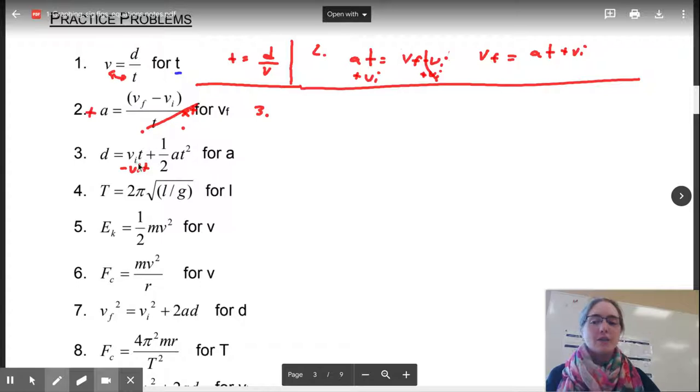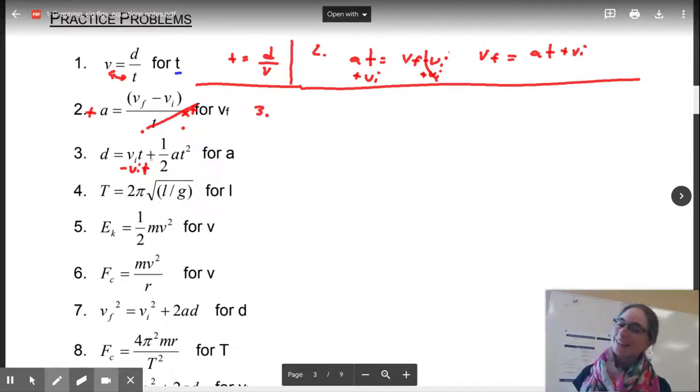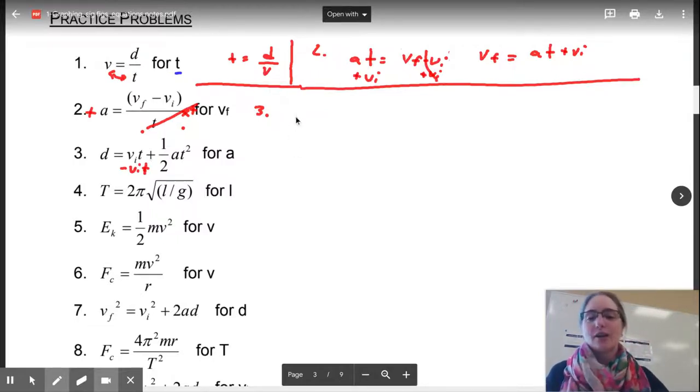And if I'm going to be getting rid of VI and T, well, they're attached together by multiplication because the letters are crammed together. Because of that, then you have to keep them together. All right, so once you subtract VIT from both sides, D minus VIT is going to equal 1/2 AT squared.